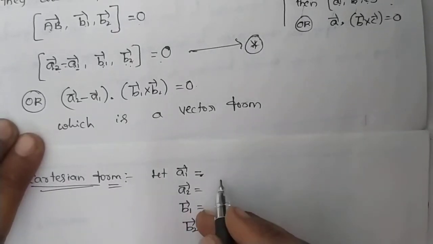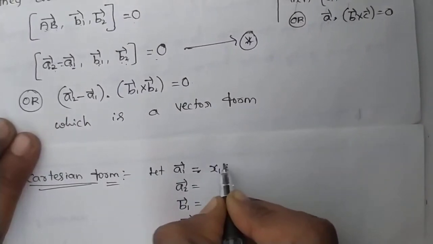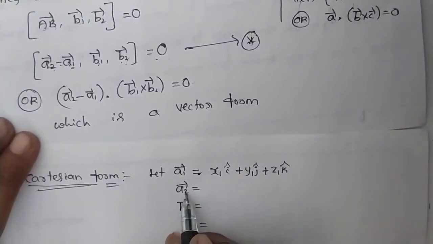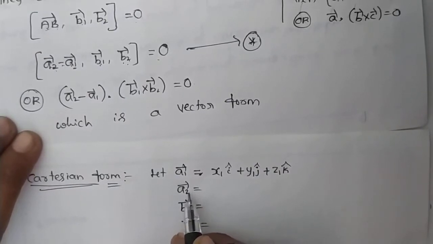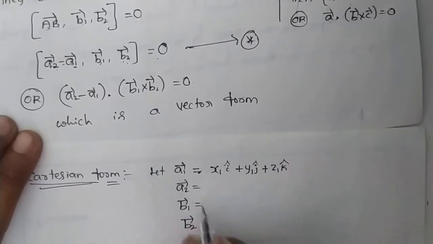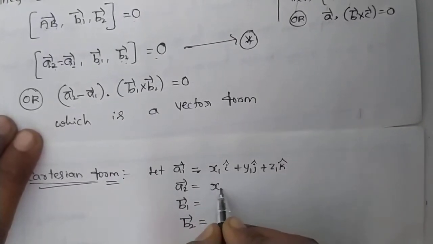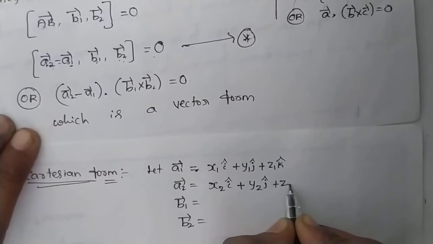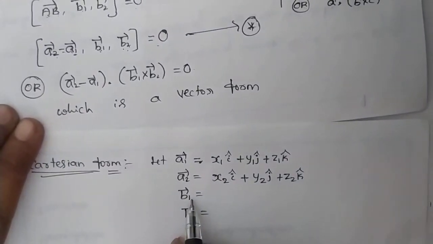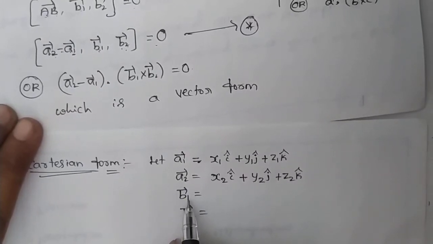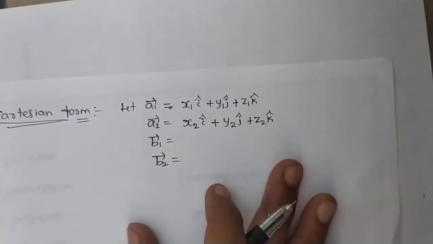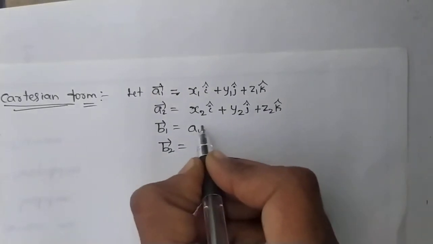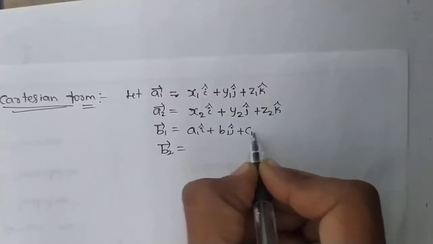Let us represent it in vector form: x1 i plus y1 j plus z1 k. Next, a2 is a position vector of the line L2 passing through the point B, (x2, y2, z2), that is x2 i plus y2 j plus z2 k. b1 vector is parallel to the line L1, that is a1 i plus b1 j plus c1 k.